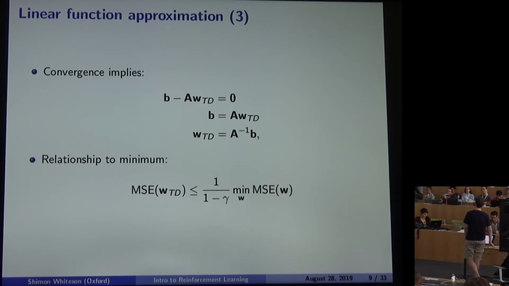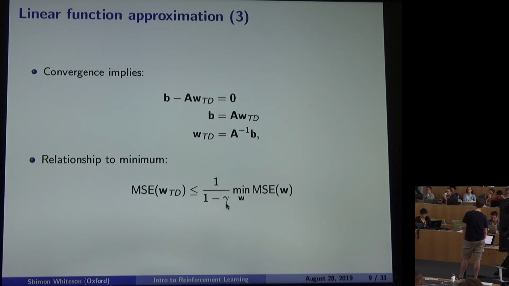Theoretically, we can analyze the relationship between the TD fixed point and the local minimum, and that's what's shown in this equation. The mean squared error at the TD fixed point is bounded by this expression that's a function of the mean squared error at the local optimum. So that's nice, the error is bounded. However, this bound is actually quite loose because of this term here.